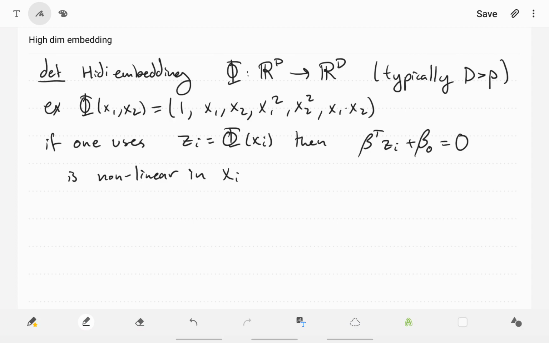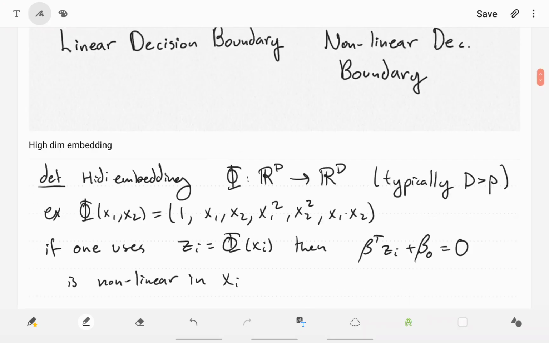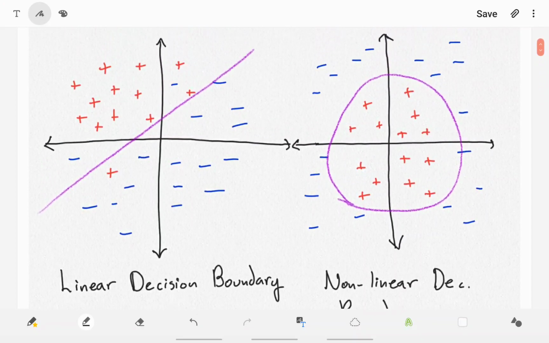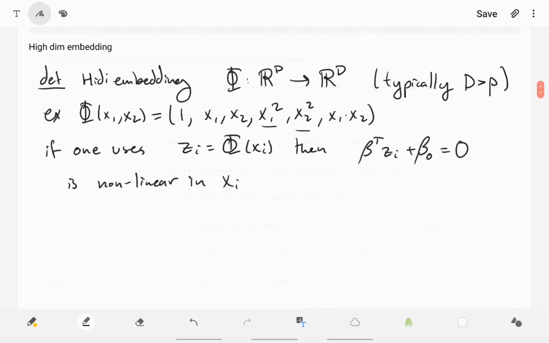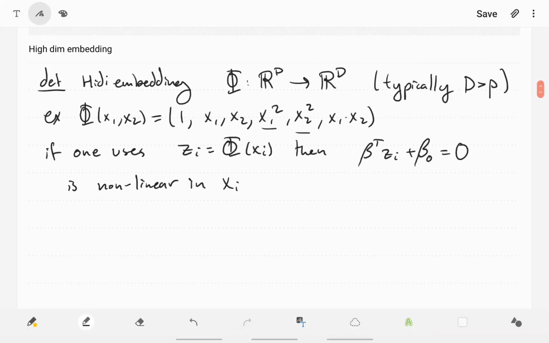To see what this would do for the data set we imagined on the nonlinear decision boundary side, if you applied this transformation, you could look at x1 squared and x2 squared along those two dimensions.